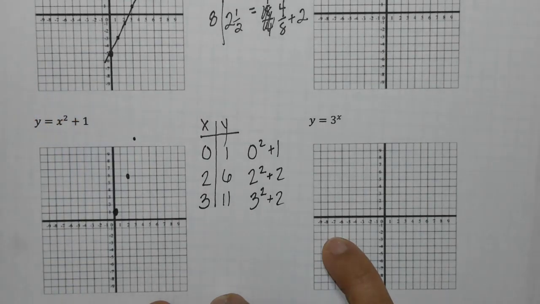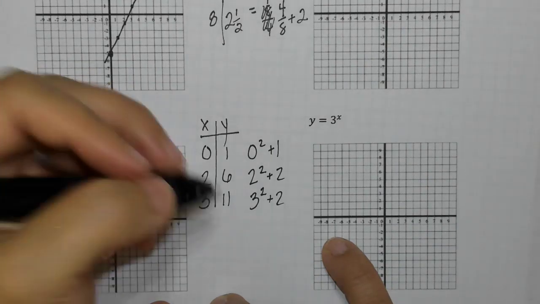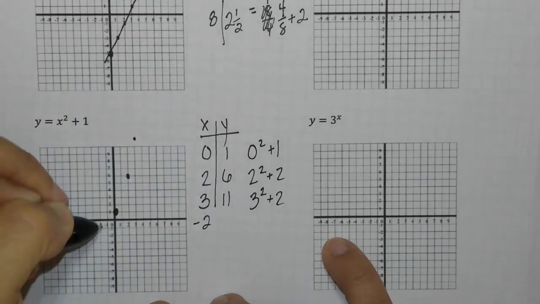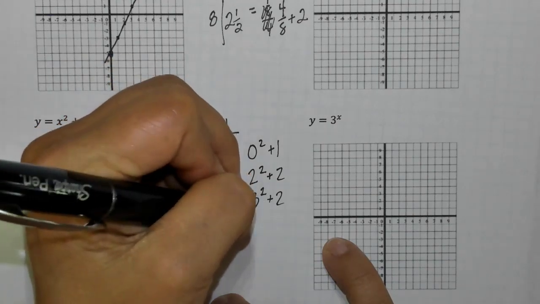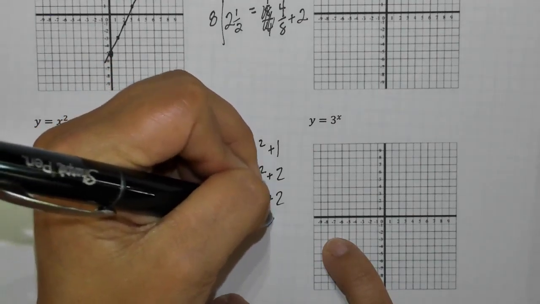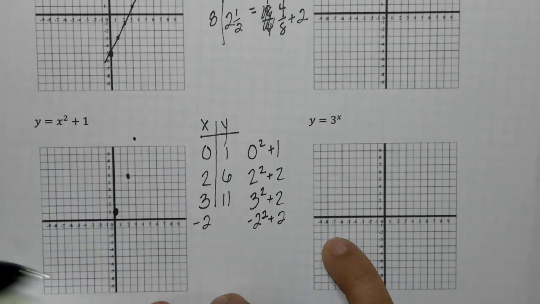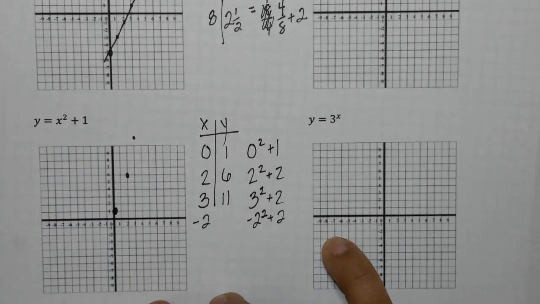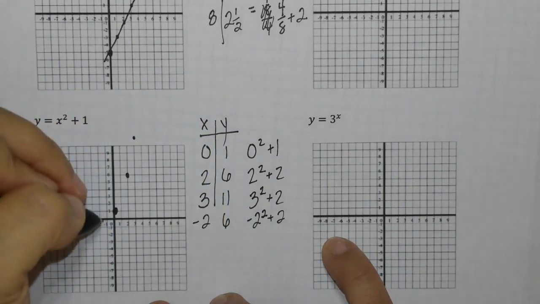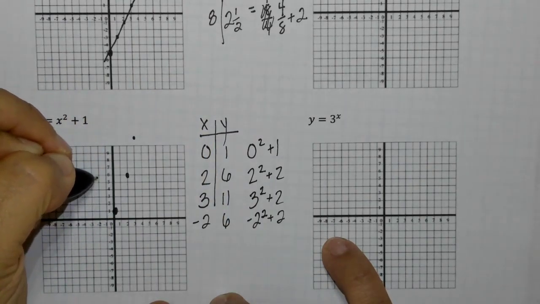It's looking kind of straight. So let's pull back and get a number like negative 2. So negative 2 squared plus 2. Negative 2 squared is negative 2 times negative 2, which gives us positive 4. Plus 2 is 6. Negative 2 and up 6.